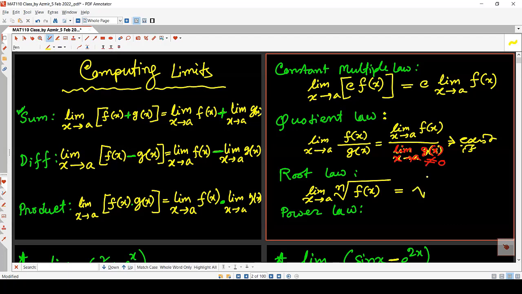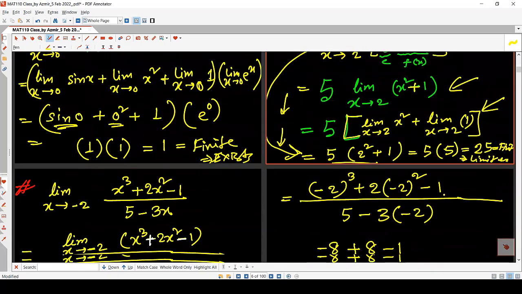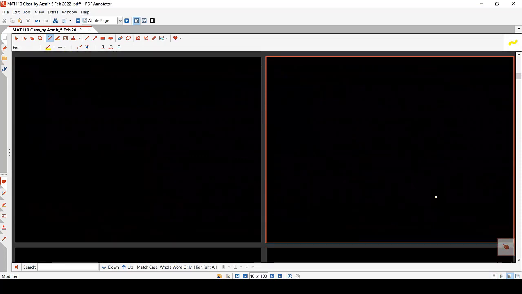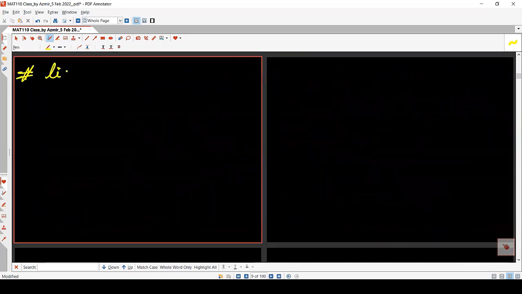So if we have to compute this limit, what can we do? We can write the total nth root at first, and then the limit can be written inside. So limit of f of x when x is approaching a. By this way, we can easily solve the problem. Let's have a look at one example. Suppose we have limit x tends to 3, square root of x squared - 4.